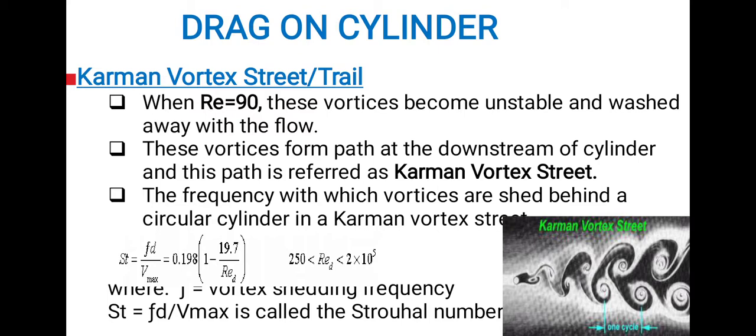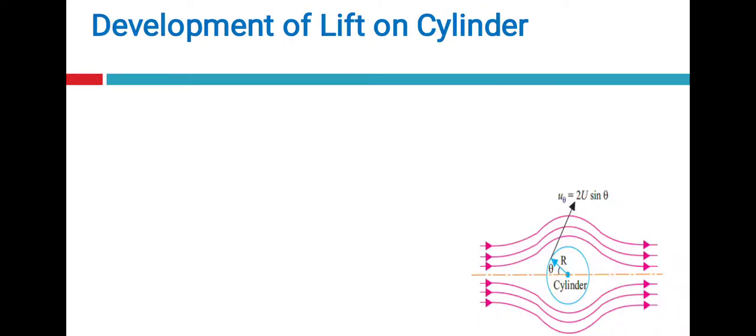The frequency with which vortices are shed behind a circular cylinder in a Karman vortex trail is given by small f. That we will continue with the formula in the next class.